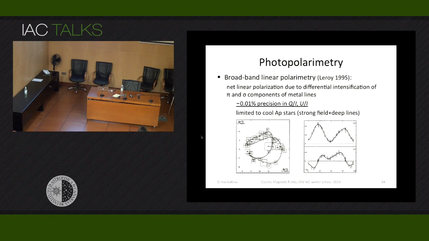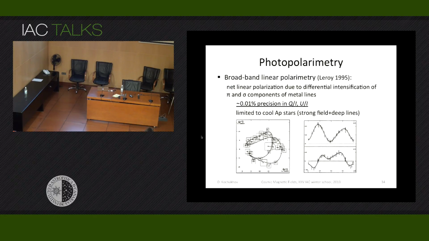There is a very different version of the photopolarimetric method, which is simply looking at the polarization in the continuum, effectively in broad wavelength regions. We are not using any special filters, just regular Johnson filters, for instance. What we are looking for is the signal which appears in the Stokes Q and U spectrum due to differential intensification of pi and sigma components.